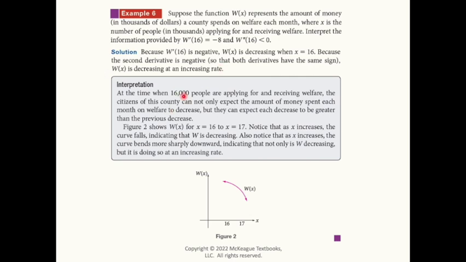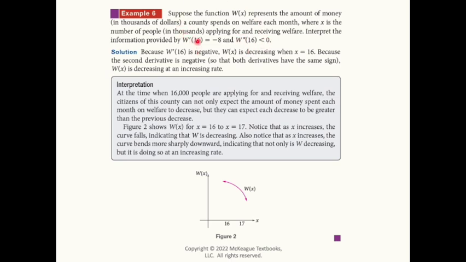Let's look at example 6. It says, suppose the function w of x represents the amount of money in thousands of dollars a county spends on welfare each month, where x is the number of people in thousands applying for and receiving welfare. Interpret the information provided by, this is saying that the first derivative is negative and the second derivative is negative.